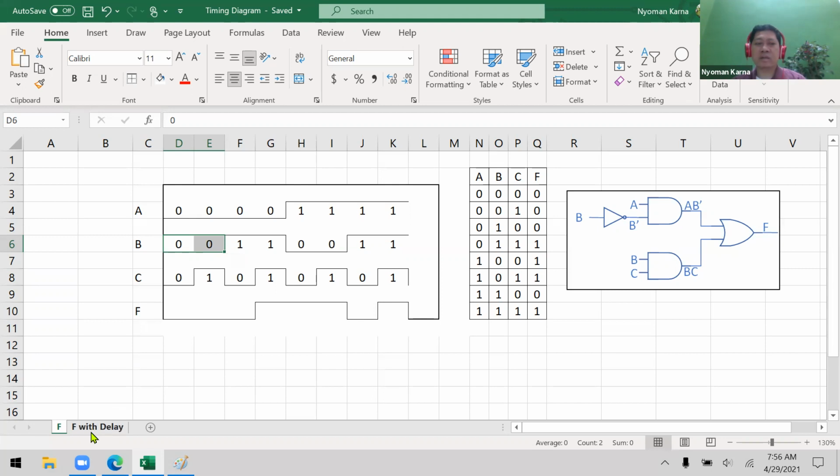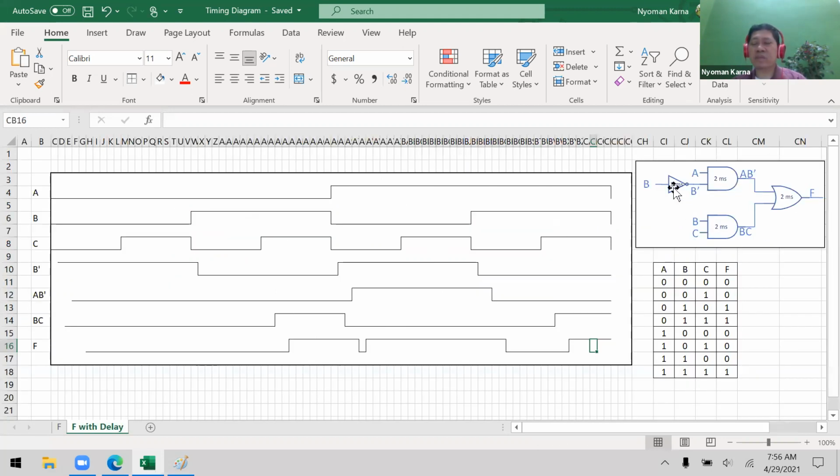For example, when there is a delay of 1 millisecond, we cannot expect that the circuit will behave correctly when we supply an input with a very high frequency, because the glitch will become very big. In here, we have the delay of 1 millisecond, and also we have 1 millisecond for one block.